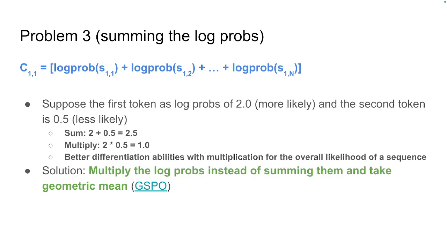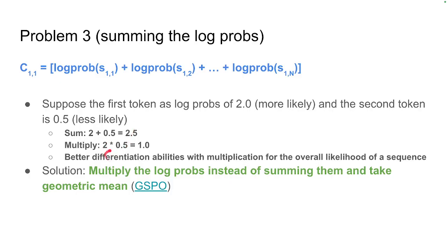Another adjacent problem of taking the sum of the log probs is, let's say you have the first token with likelihood of 2.0, and the second token which is less likely, with likelihood of 0.5. So when you are taking the sum, it is around 2.5. And also mind that these are just made up numbers, I'm just getting my point across.